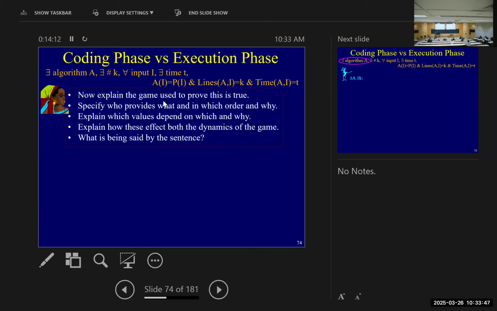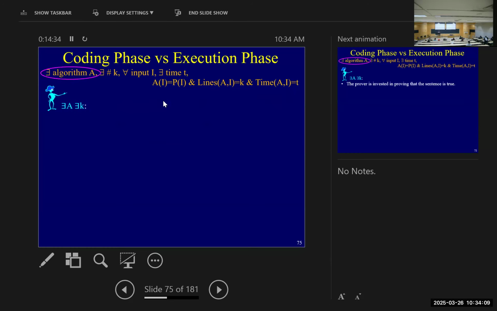So you see there's a lot in there. There's a lot of computer science in that sentence, and you need to be able to extract all that information out of it. Does that make sense? All right.